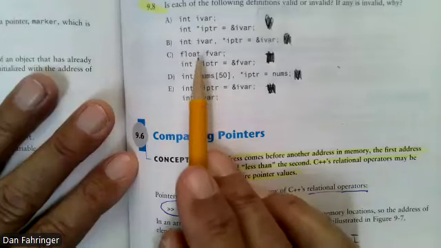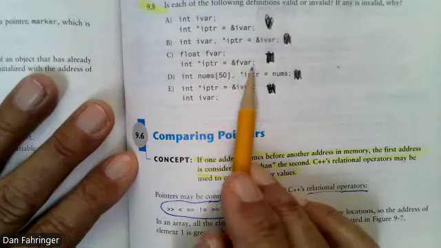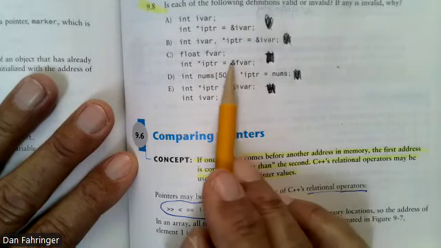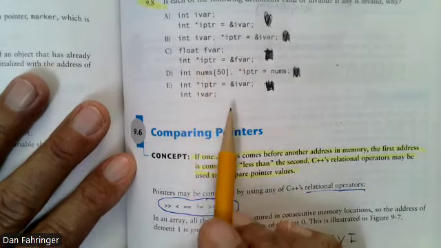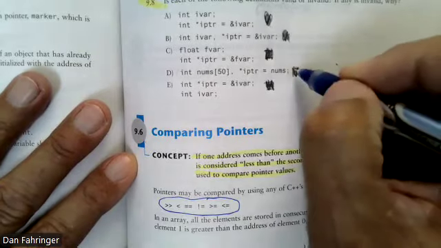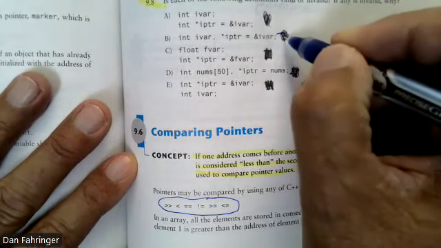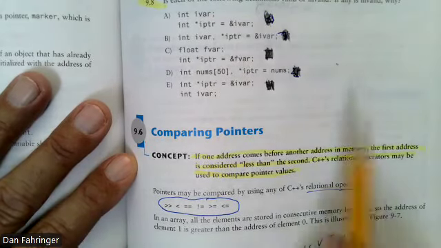I'm trying to get the hex address of a float, and I'm saying, hey, I want to point to an integer, so that's wrong. Yeah. What else we got? D. B's good. We like it.